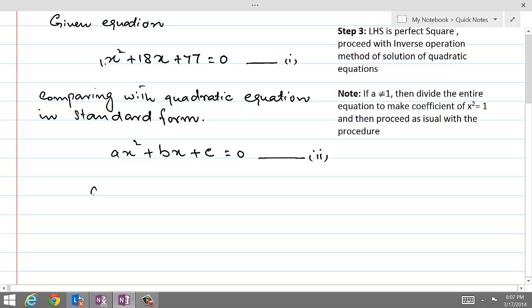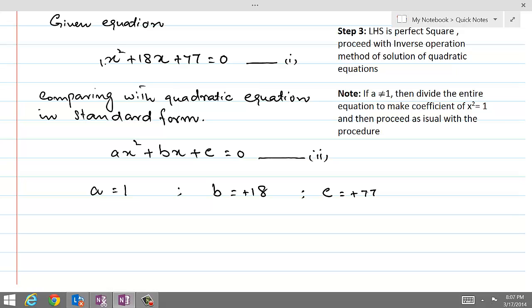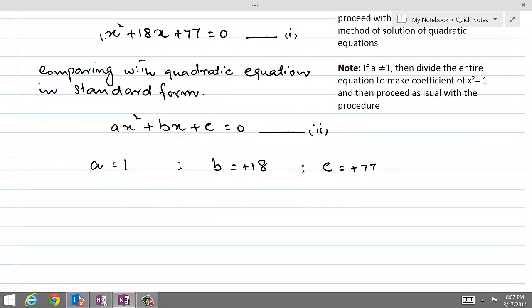This means that a is equal to 1, b is equal to plus 18, and c is equal to plus 77. It's a good idea to write down the signs of these values of a, b, c as well. And then once we have determined the values of a, b, and c, step 2 begins.